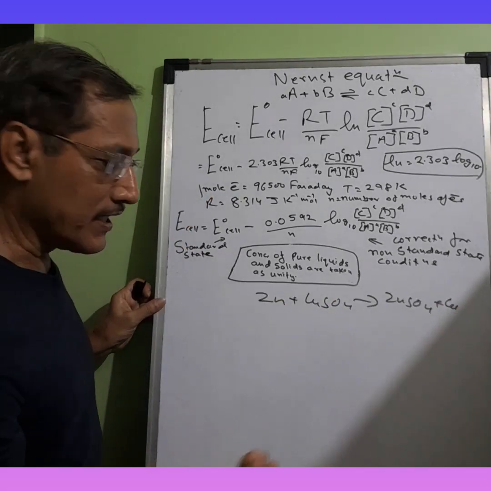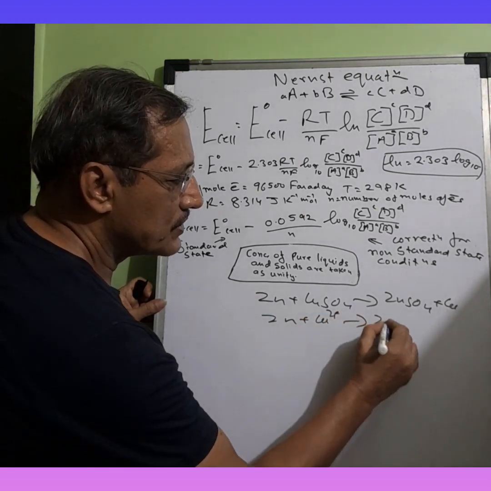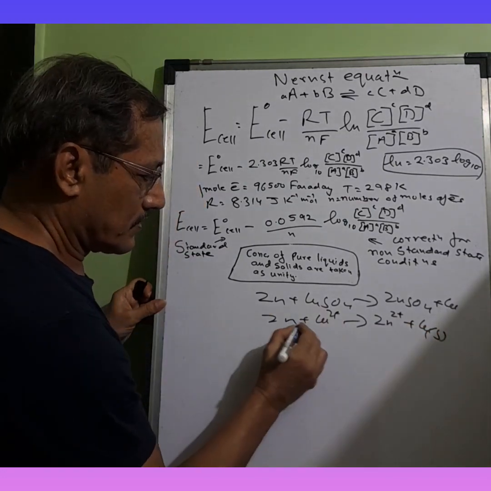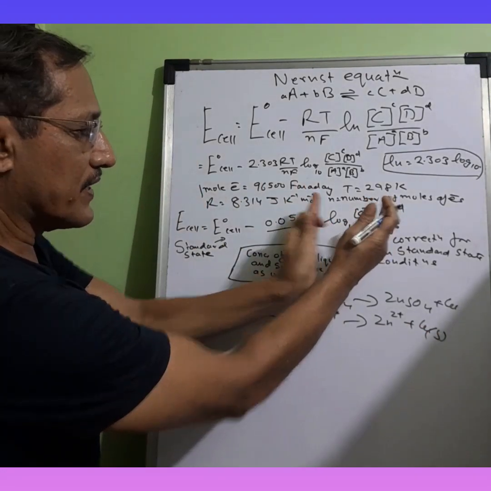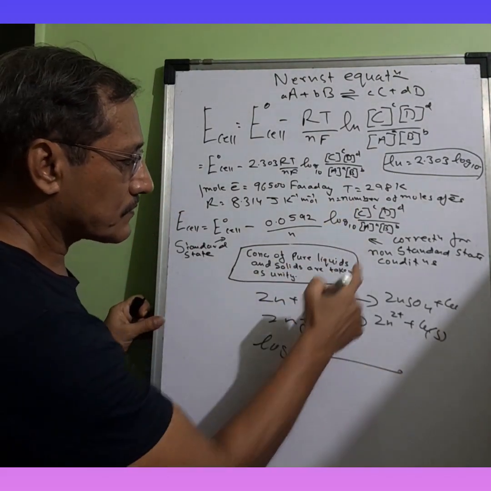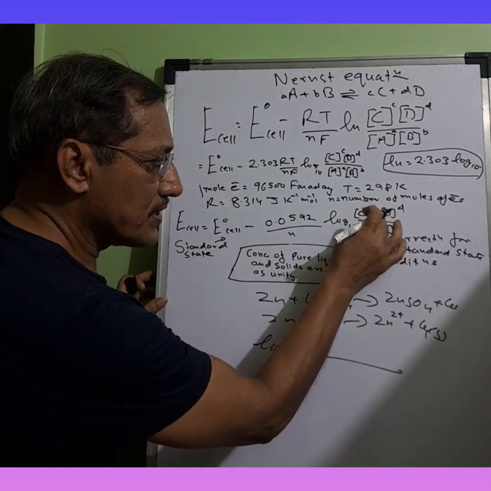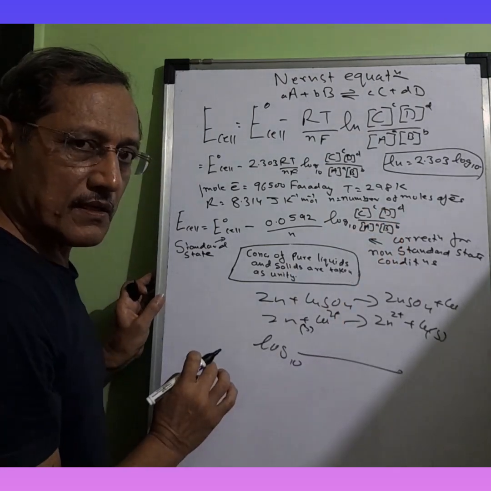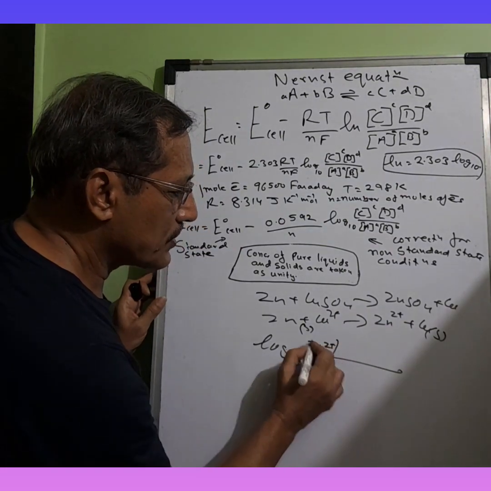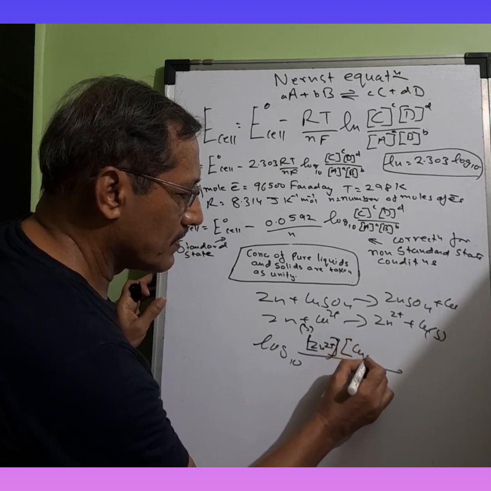If I write it in terms of ions, it would be Zn plus Cu2+, giving you Zn2+ plus Cu. So this is solid. I am just writing this part, log to the base 10, and the concentration of products: the concentration of Zn2+, and also the concentration of Cu solid.